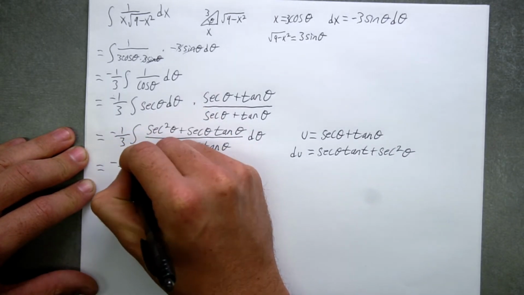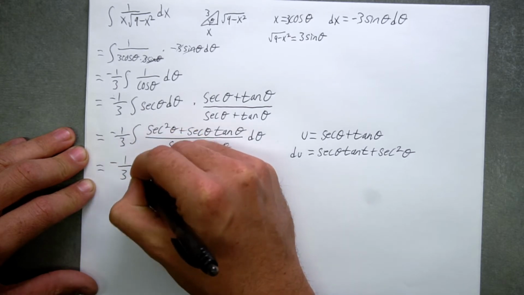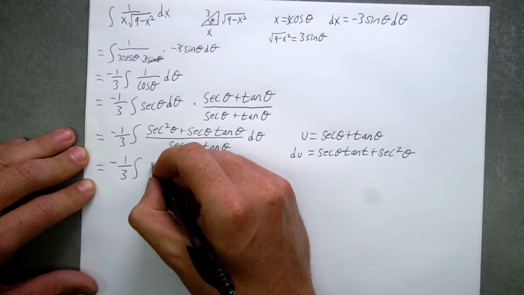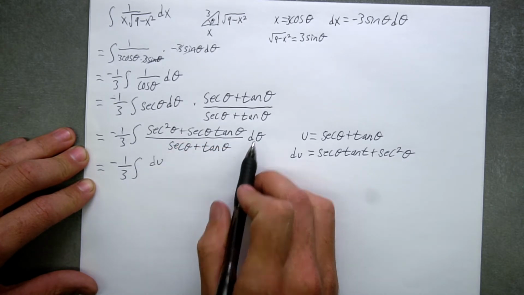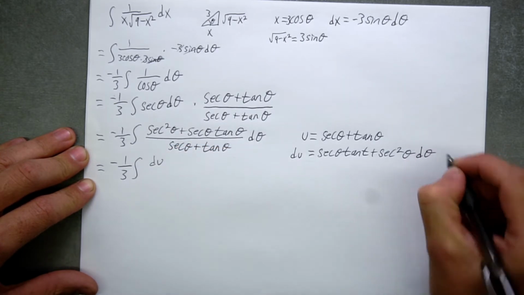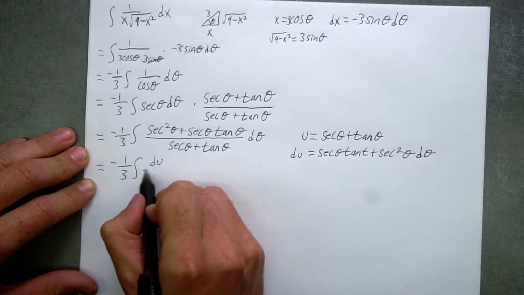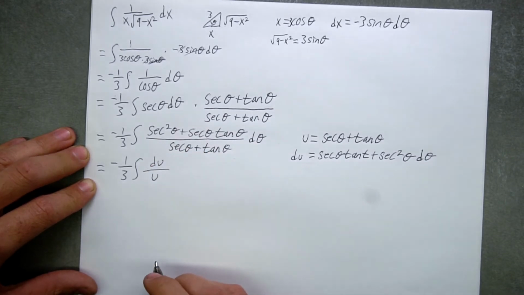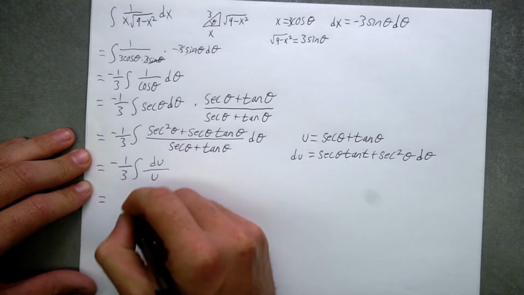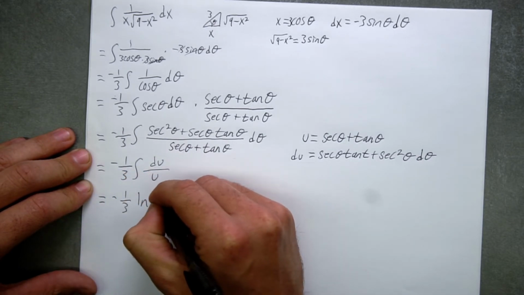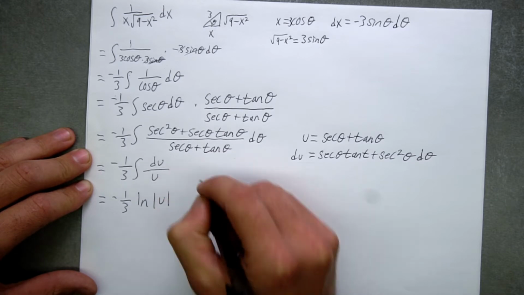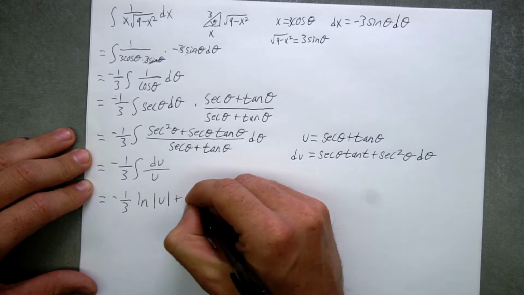Making this substitution, we get negative 1/3 the integral of du divided by u. This would equal negative 1/3 times ln absolute value of u plus c.